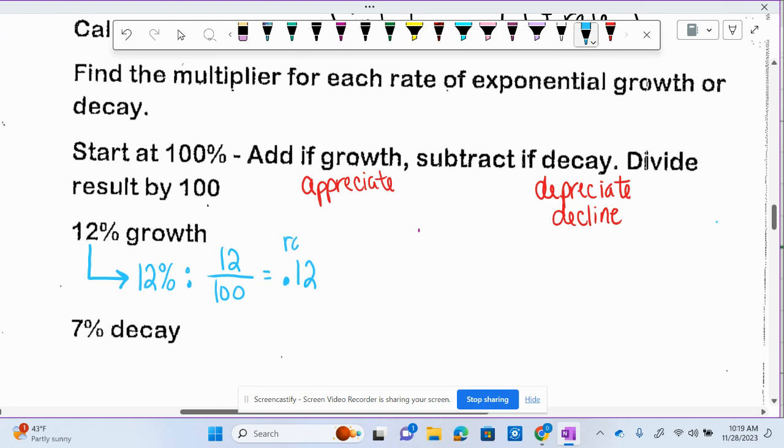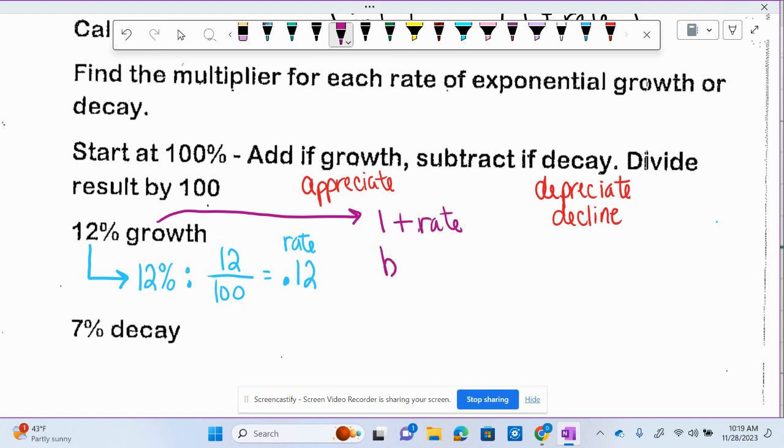So this is my rate, because remember, I have to write my rate as a decimal. This is growth. So growth means I take 1 plus my rate. So B equals 1 plus 0.12, which means B, that growth rate or my multiplier, is actually 1.12.